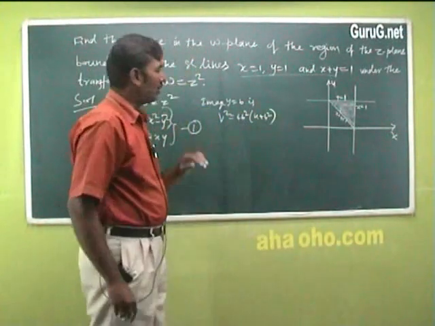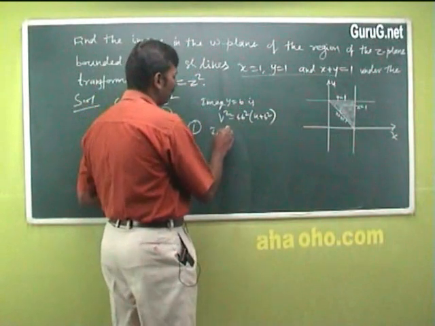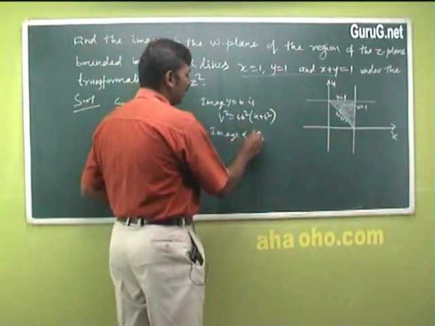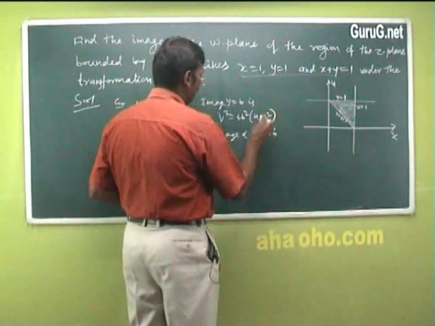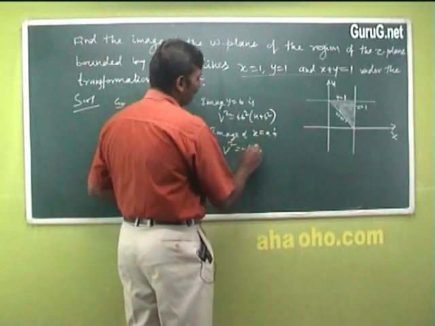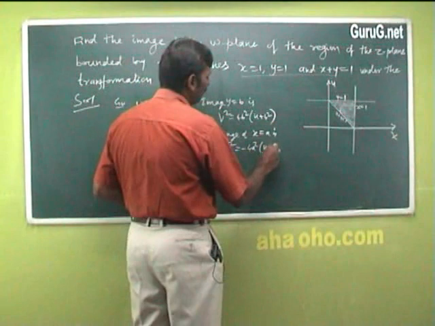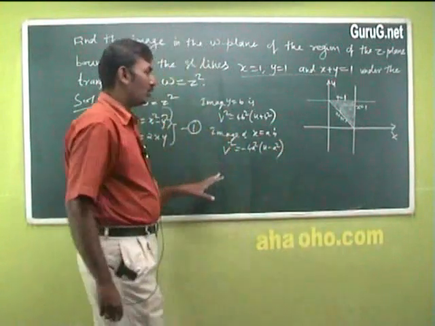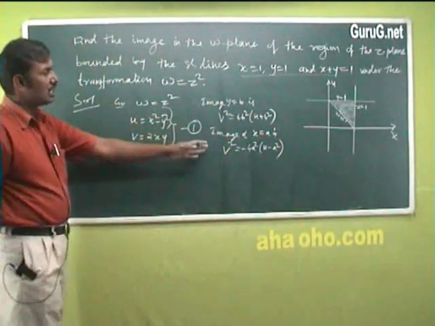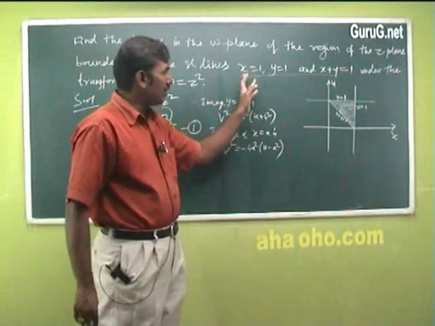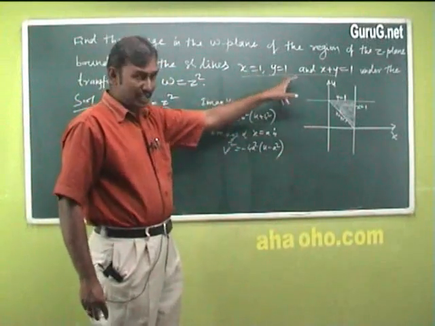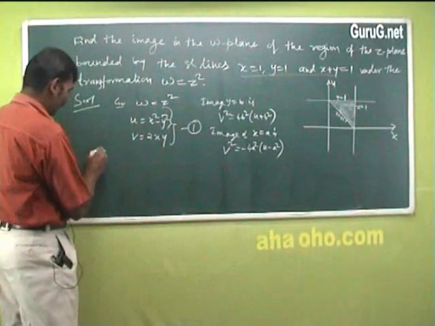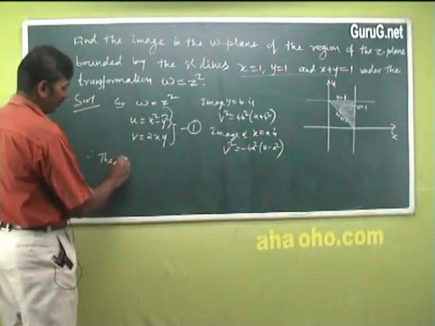We saw this earlier. Similarly, the image of x equal to a is given by v squared equal to minus 4a squared into u minus a squared. So from this discussion we can easily write the image of x equal to 1 and y equal to 1.